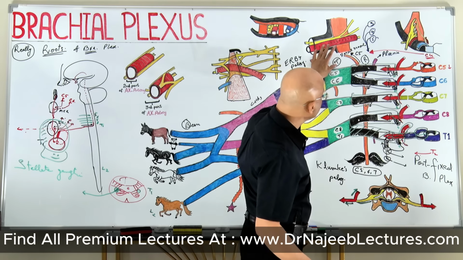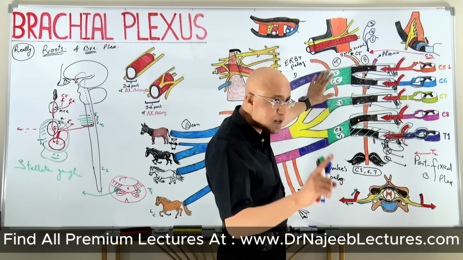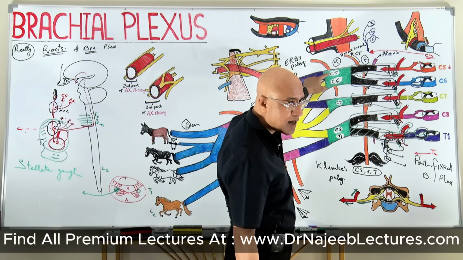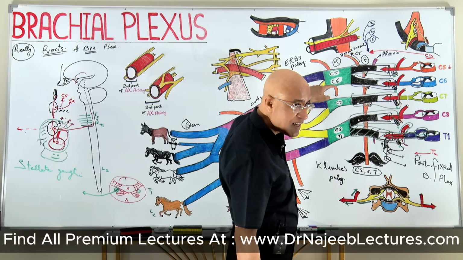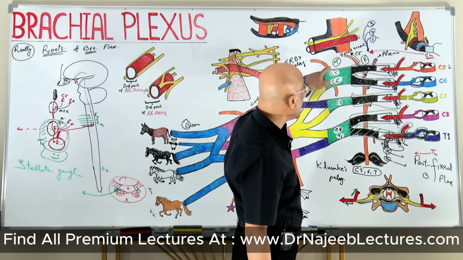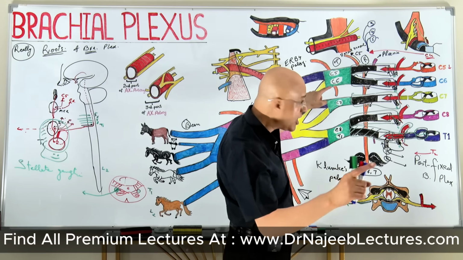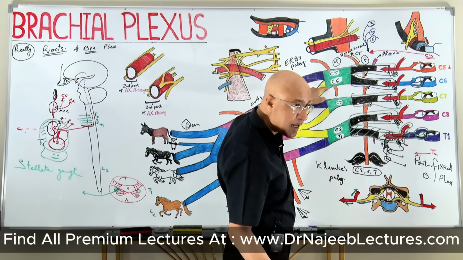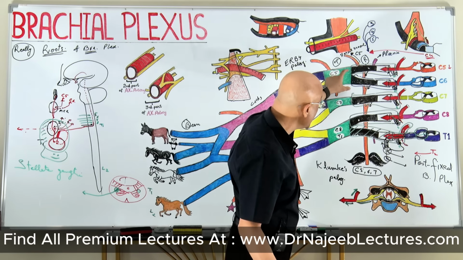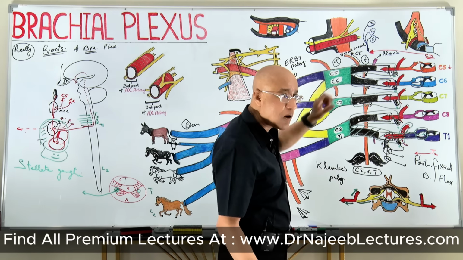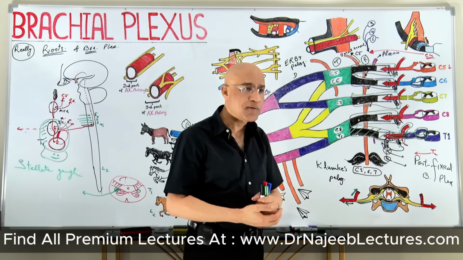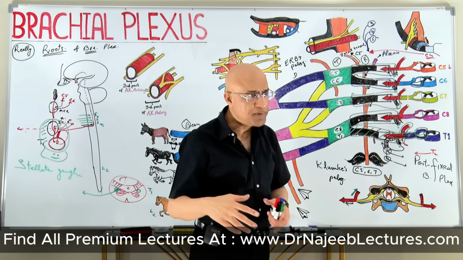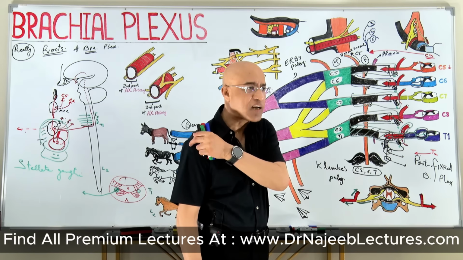If the upper trunk is damaged, which fibers will be lost from the arm? C5, C6, right? This is called Erb's palsy. When the upper trunk is damaged, or C5 and C6 fibers are damaged at this level, we say there is Erb's palsy. Now, how can it occur? This can occur when a baby is being delivered, the head comes out from the delivery canal, but the shoulder gets stuck.